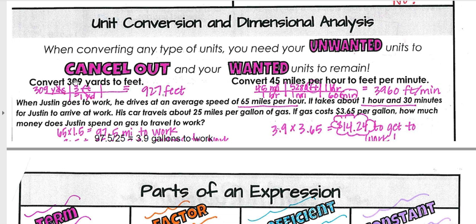So I set up my conversion fraction here. I put yards in the denominator because I need those to cancel. Well, since I'm going from yards to feet, I know that there are 3 feet in 1 yard. So I write my fraction, my yards cancel, and then we just multiply straight across. 309 times 3 gives me 927 feet.